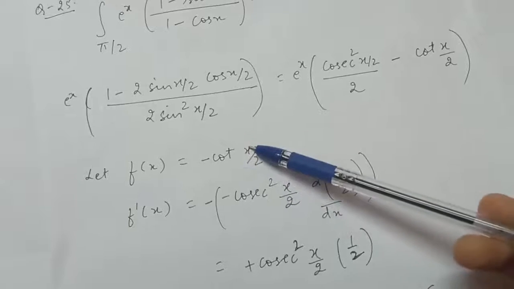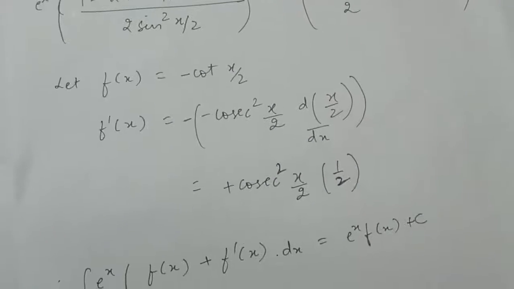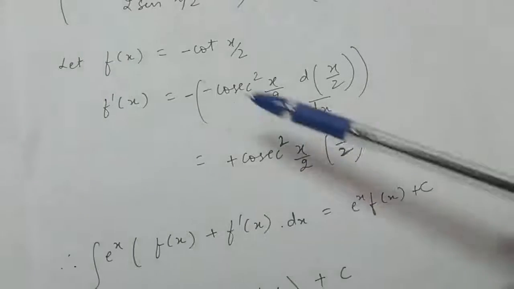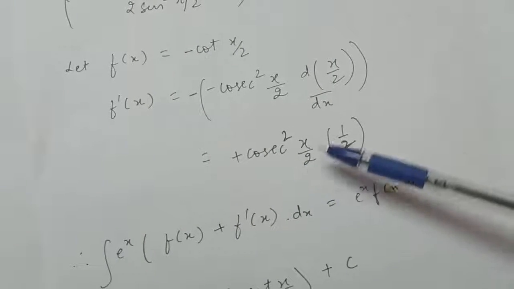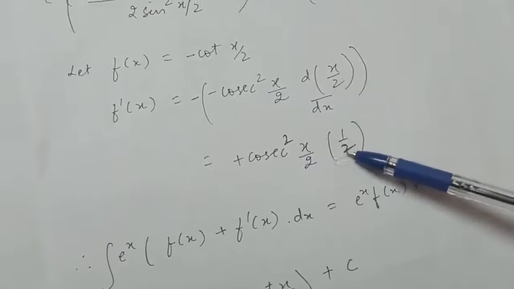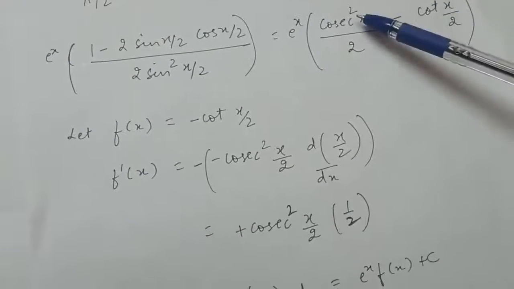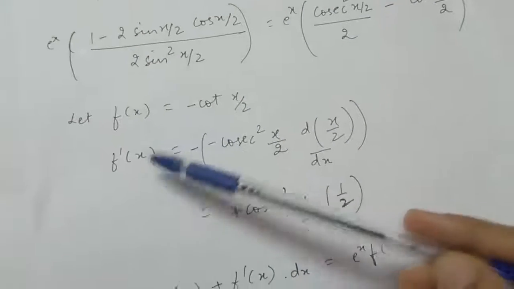The derivative of cot x by 2 is minus cosecant square x by 2 into the derivative of x by 2, so this minus will now become plus cosecant square x by 2, and the derivative of x by 2 is 1 by 2. So when we take this as f(x), we got this as the derivative f dash of x, right?